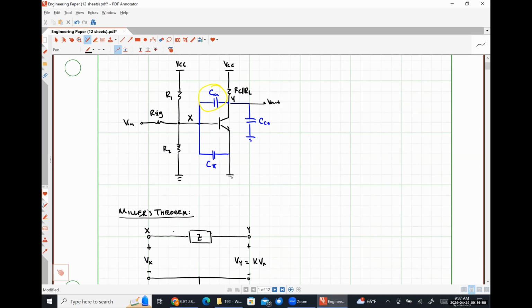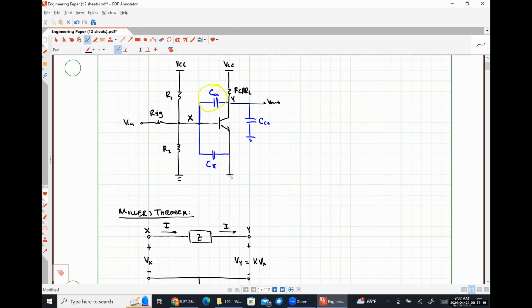So there's some amount of current flowing through that floating impedance Z if Vx and Vy are not equal. Okay.